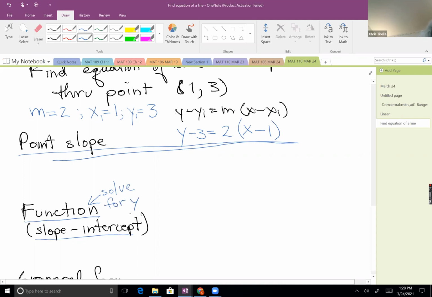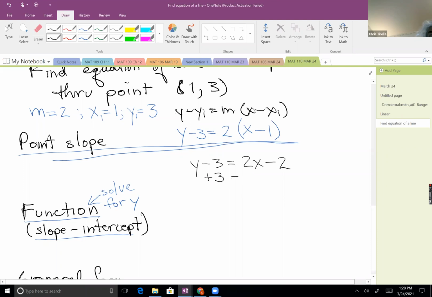And I think most people intrinsically want to do that. When you see that number in front of the parentheses, don't you want to distribute? And so let's distribute. That gives me y minus 3 equals 2x minus 2. And then that looks messy.